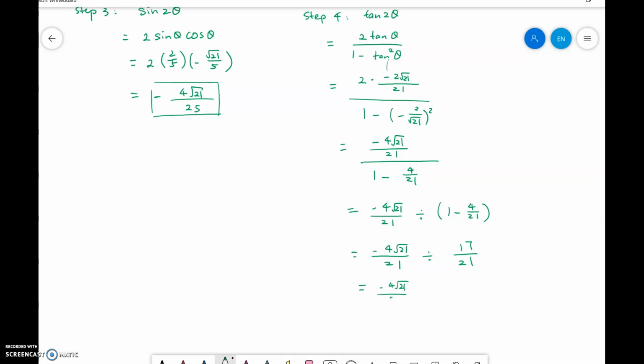Dividing a fraction is the same as multiplying by its reciprocal, so we end up with negative 4 square root of 21 over 17.